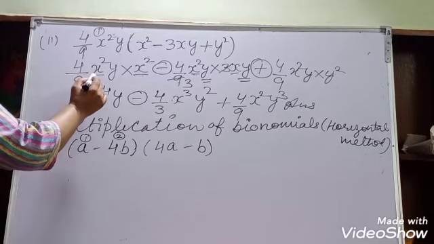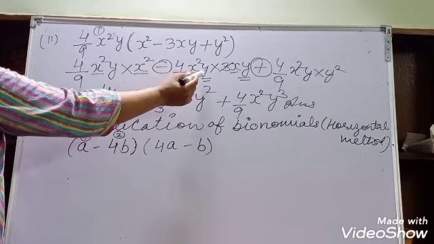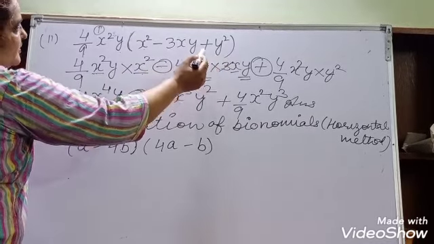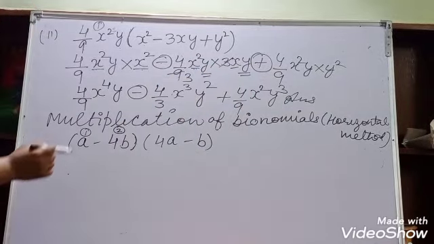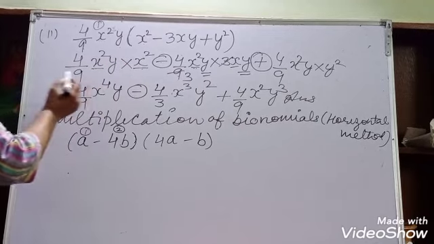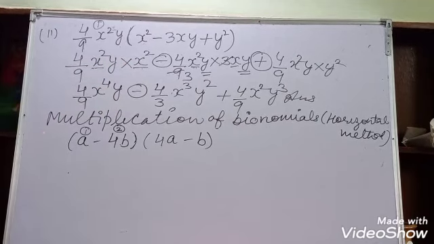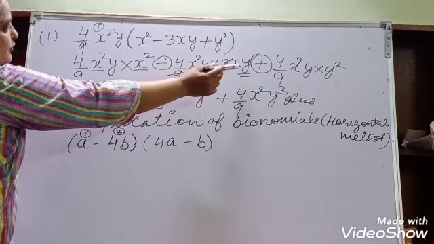So 4 over 9 x square y into x square minus 4 over 9 x square y into 3xy plus 4 over 9 x square y into y square. So 4 over 9 x square into x square, it will become x raised to power 4 y.